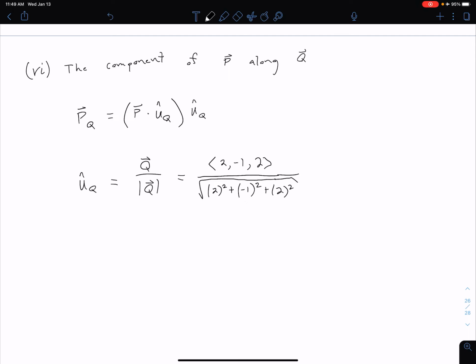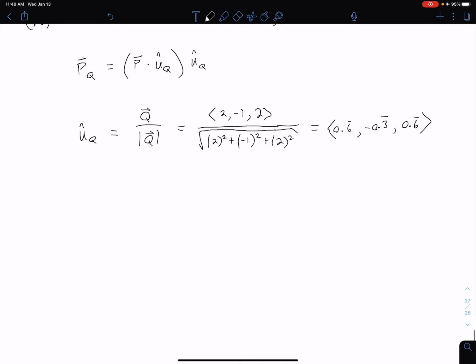So we get something that looks like that. So if I plug this in, I get that this is 0.6 repeating in the x direction minus 0.3 repeating in the y direction, and then we have a positive 0.6 repeating in our z direction. Okay, so now all I need to do is plug into this equation here.